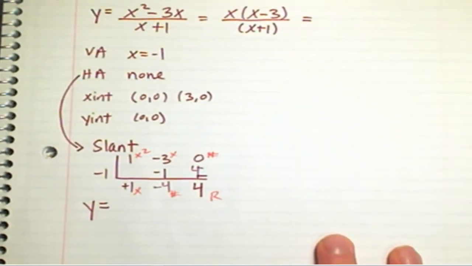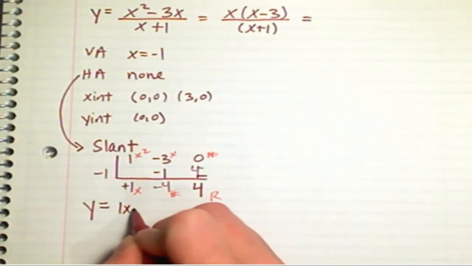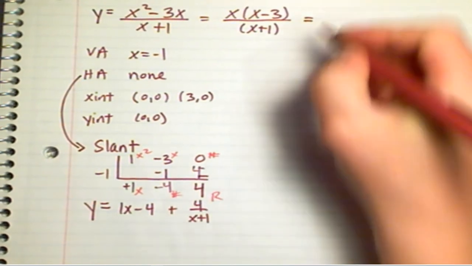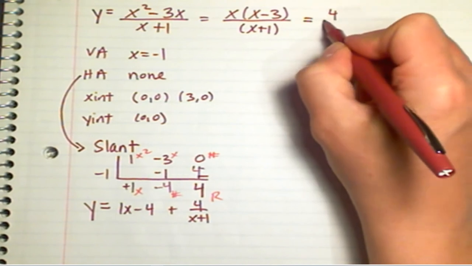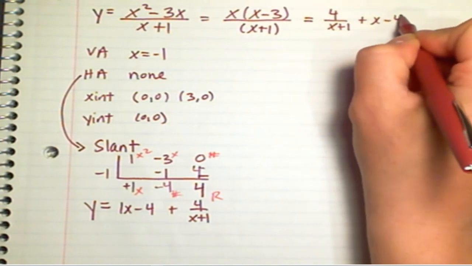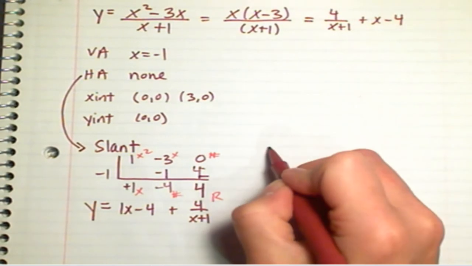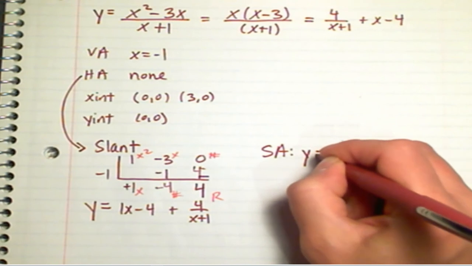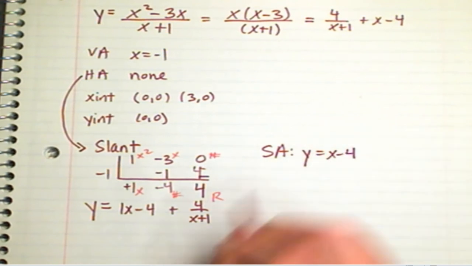All right. There we go. Okay, so I'm just going to transfer it up here. Okay, so my slant asymptote is y equals x minus 4.